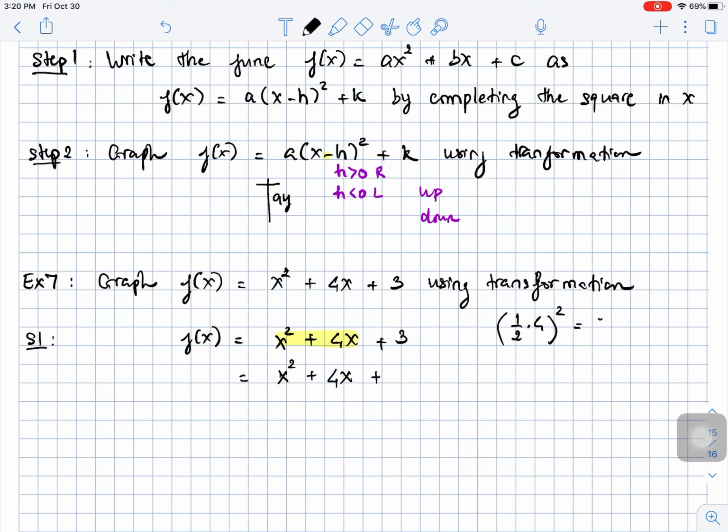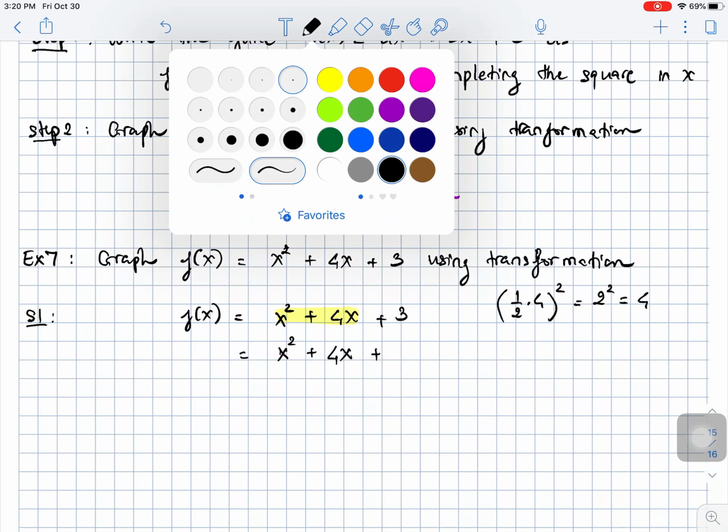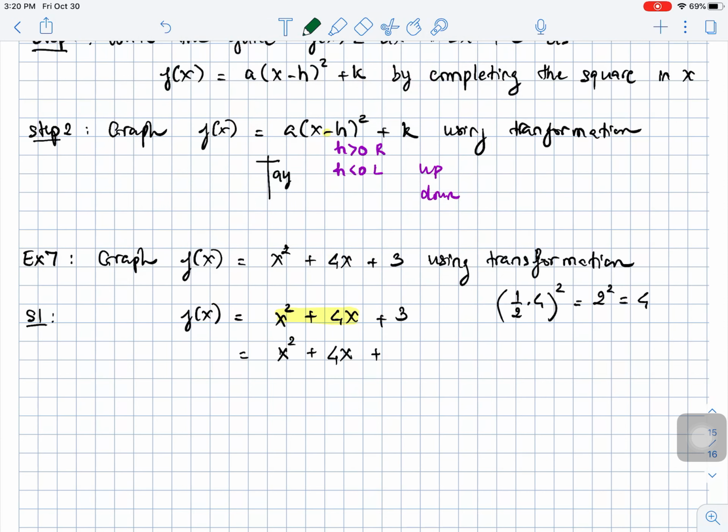So you notice that this is in the form x squared plus bx that we learned in section 7.1 before. The formula is we need to add one more term. For the x squared plus 4x, the b is 4, so we will do 1/2 of 4, and we square that number.